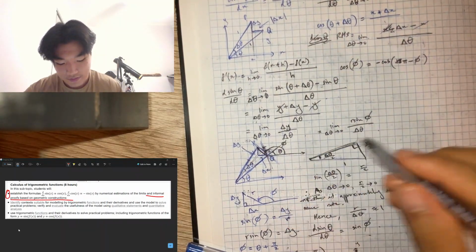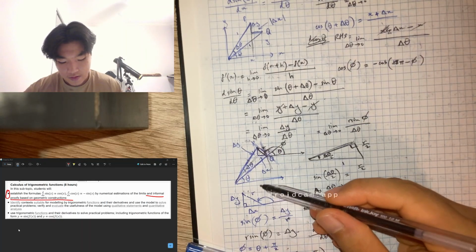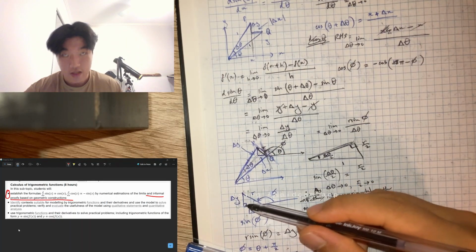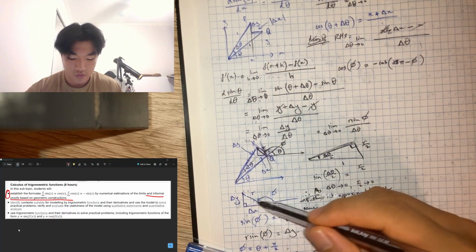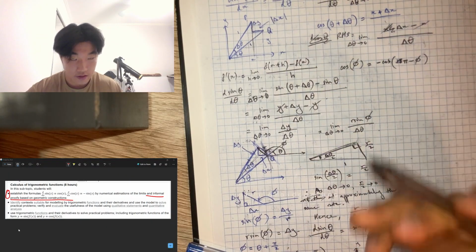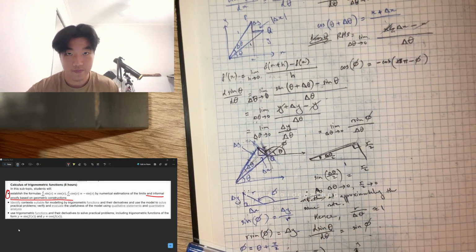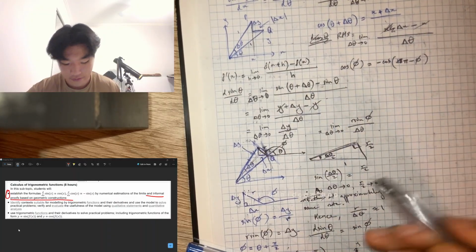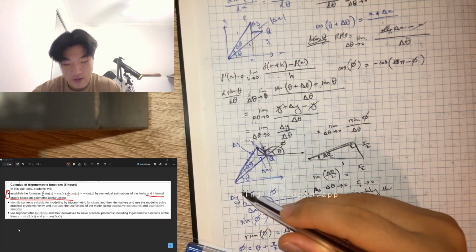Because in this case, cosine actually changes sign, because by sign I don't mean the trig ratio, I mean sign like positive or negative.